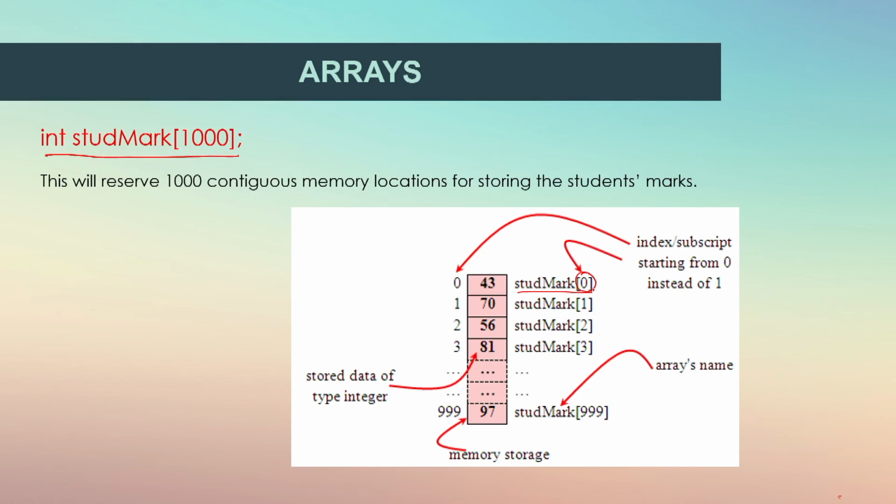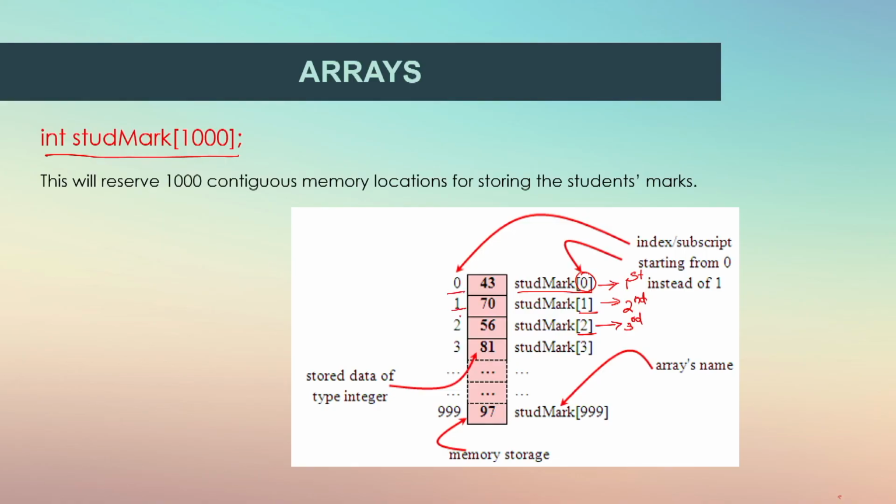So, subscript 0 will indicate the first element, which is going to be the first student's mark. Then studMark of 1, the subscript 1, will denote the second student's mark, and the third is referred to by subscript value 2. So, this will indicate the third student's mark.